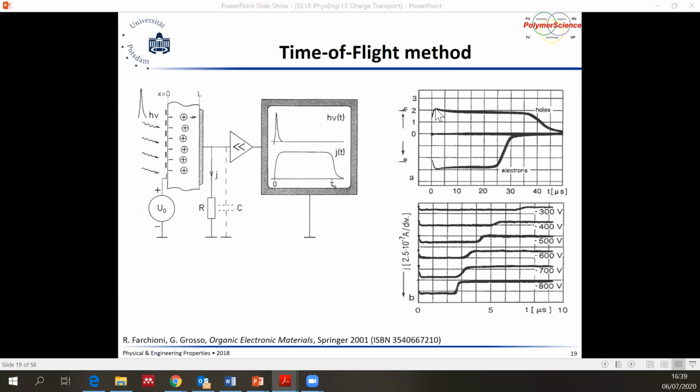Initially, we have a little spike, then it plateaus in an ideal situation. So as time goes by, the current stays more or less constant. When the charges reach the electrode, we start to have less charge in the device, which also means less current. So the photocurrent goes down.